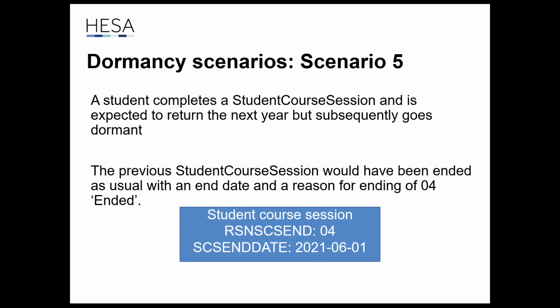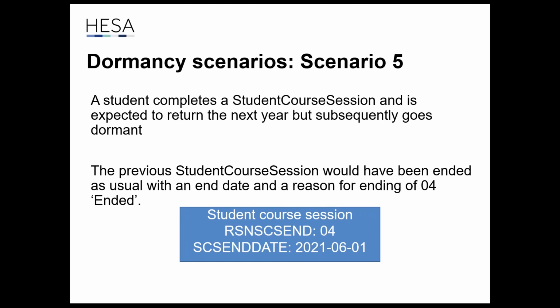In scenario 5, they didn't. So they returned in a previous reference period, they returned that student course session on the screen there with a reason for ended and an end date. And at that point, they were expecting the student to come back the subsequent year. So they didn't indicate to us that the student was moving to a dormant status because they didn't know.